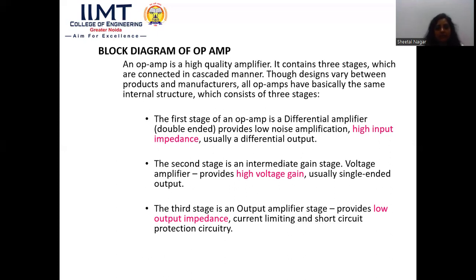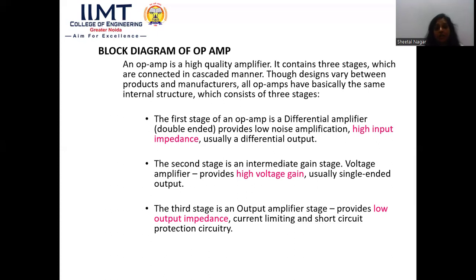Now, regarding the characteristics of an ideal operational amplifier, the main characteristic is infinite voltage gain. Ideally, it must be infinite; otherwise, we can say it must be very high.